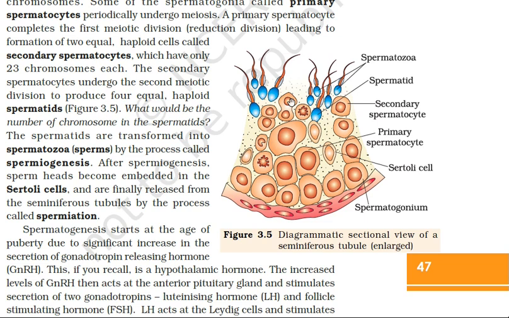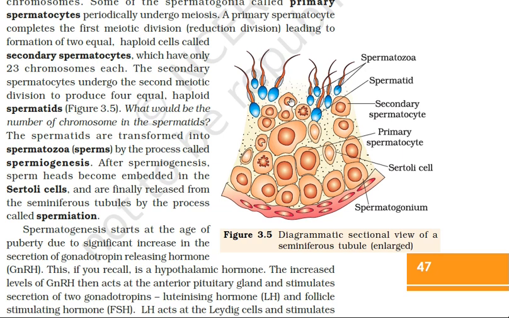This will help in the production of the spermatozoa. Another is FSH, which stimulates the Sertoli cells to facilitate the development of the sperms, or spermiogenesis.